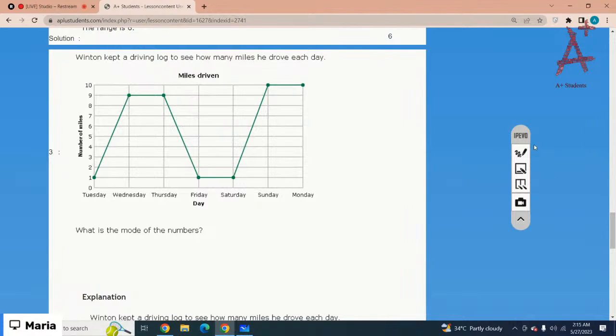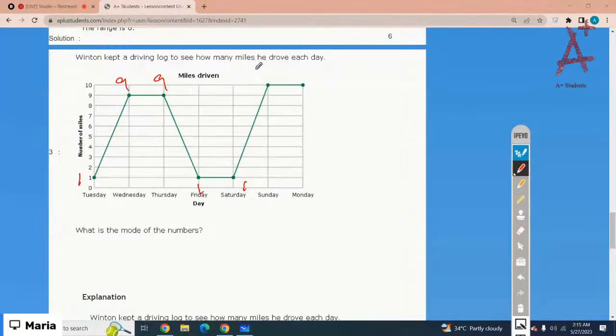Let's just read the values from the graph. It is 1, 9, 9, 1, 1, 10, and 10. So which is the correct option? Which number appears most of the time? That would be 1. 1 appears 3 times in the data. Got it?